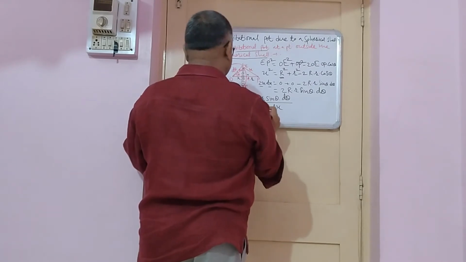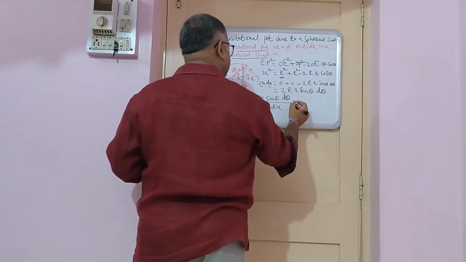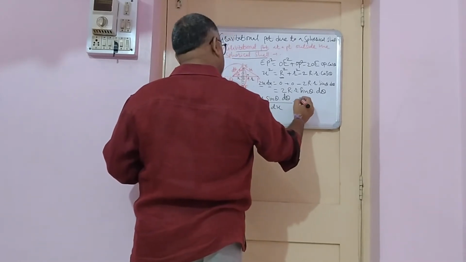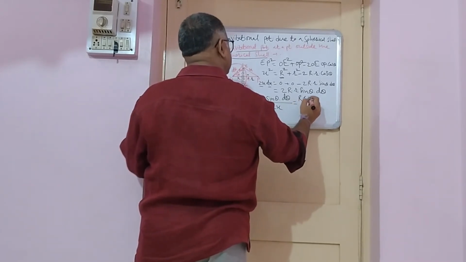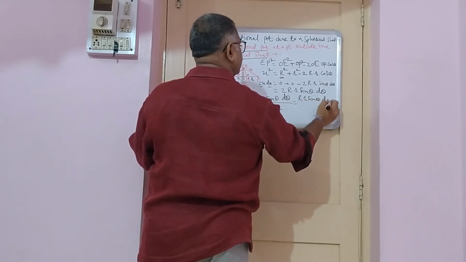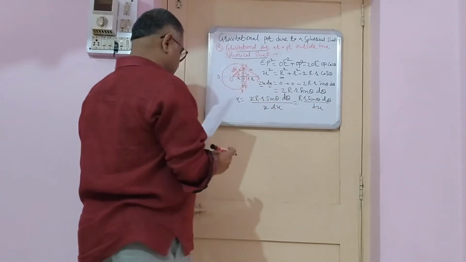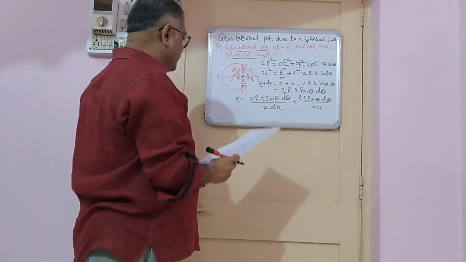This 2 gets cancelled, and here the final thing is R into r sine of theta into d theta upon dx. This is the value of x.